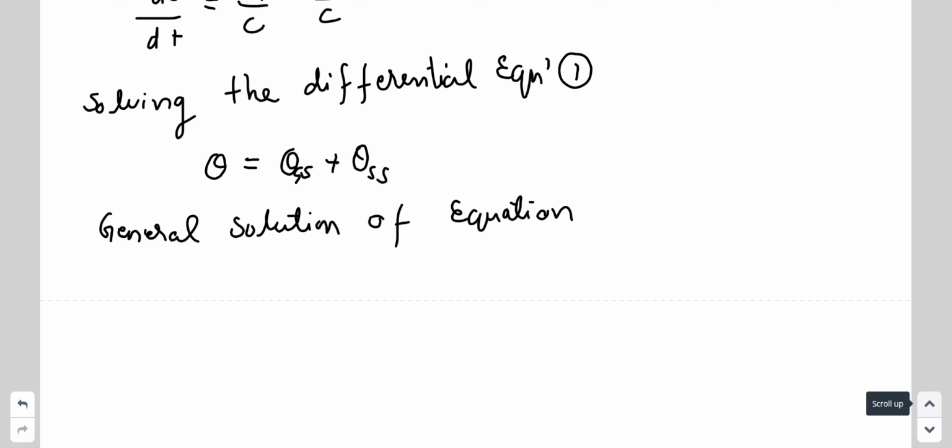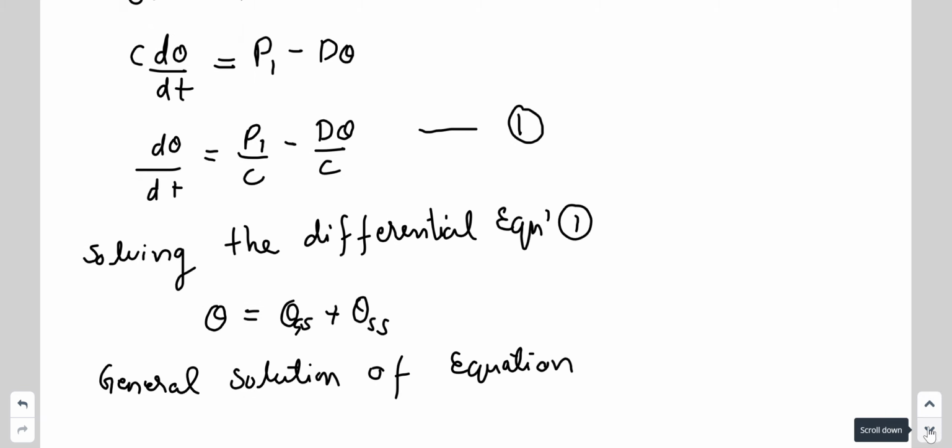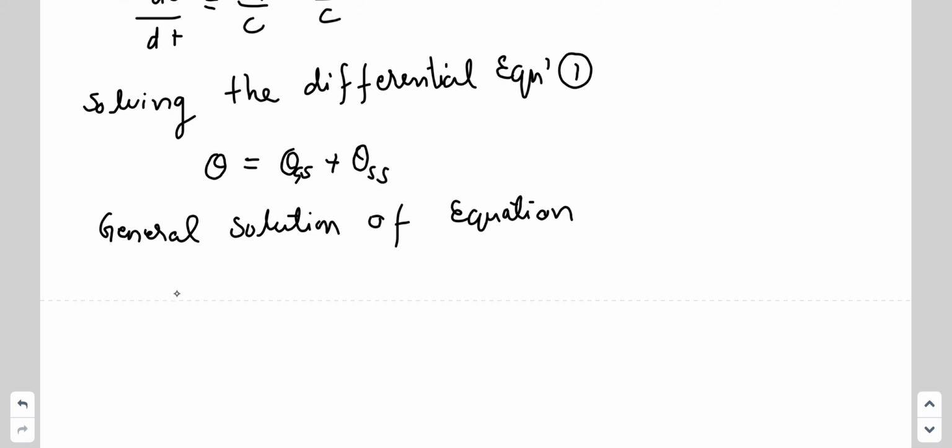So from equation 1, d theta gs divided by dt plus D by C theta gs is equal to 0.